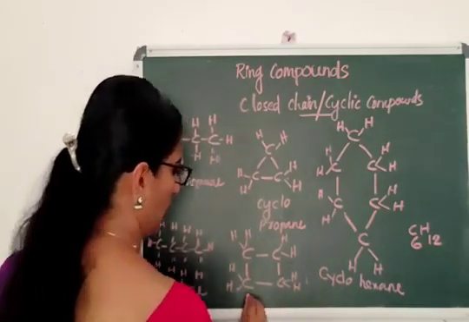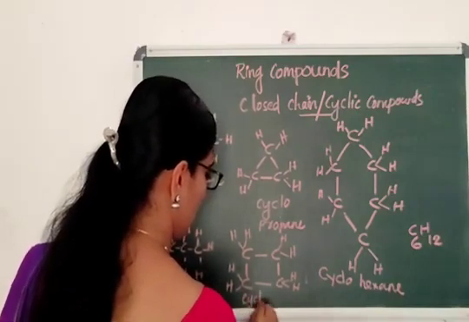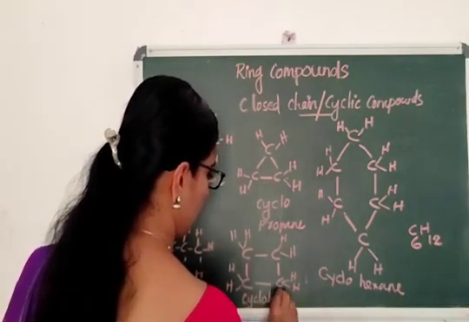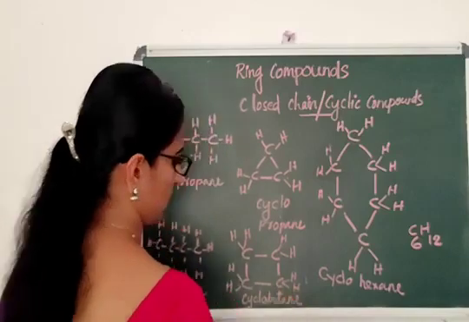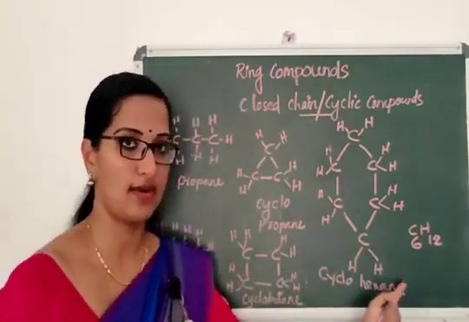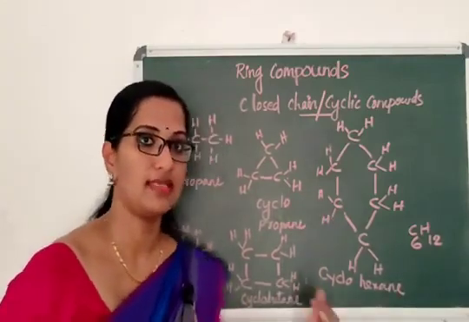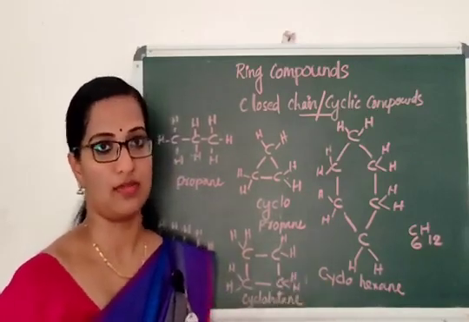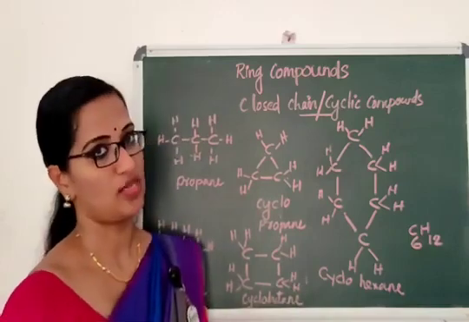This is cyclobutane. You can write cyclopentane, cyclohexane. We have already written cycloheptane, cyclooctane. Many compounds. Whatever examples you want, you can draw it.